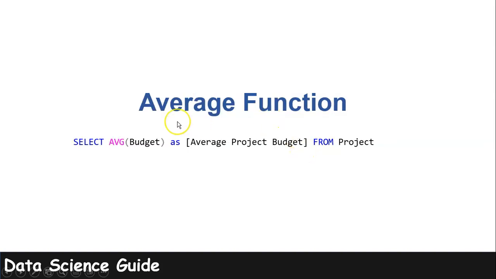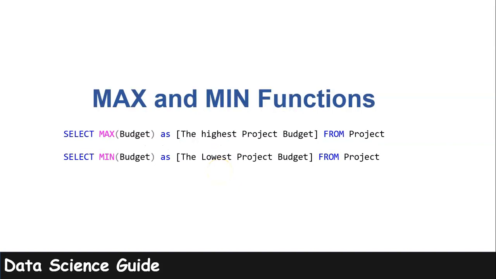And here we have an average function, and the same thing. Select average budget as, alias name average project budget from project. So we'll get one value which is the average of all projects in this table. And here we have these two aggregation functions, maximum and minimum.